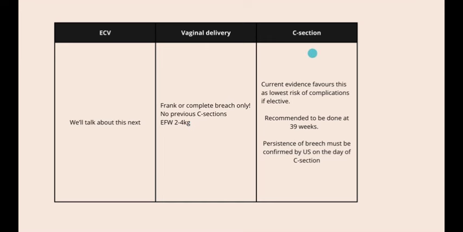A C-section, the evidence shows, has the lowest risk of complications if the procedure is elective, and it's recommended to be done at 39 weeks. And the persistence of the breech must be confirmed by ultrasound on the day of the C-section.